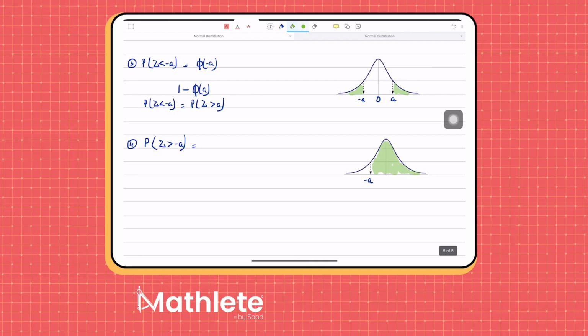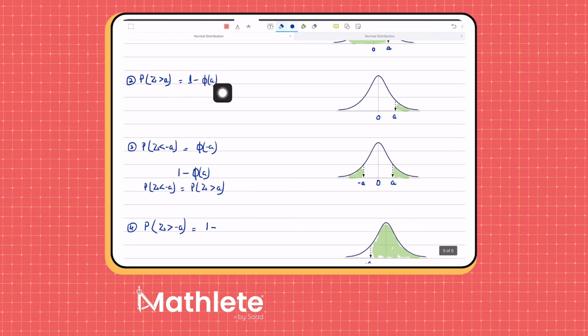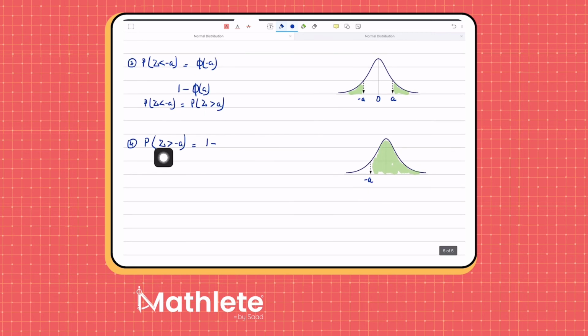Now, how do we do that? If we follow the earlier rule, the probability of z being greater than a means 1 minus phi of a. So the probability of z being greater than minus a means 1 minus phi of minus a.